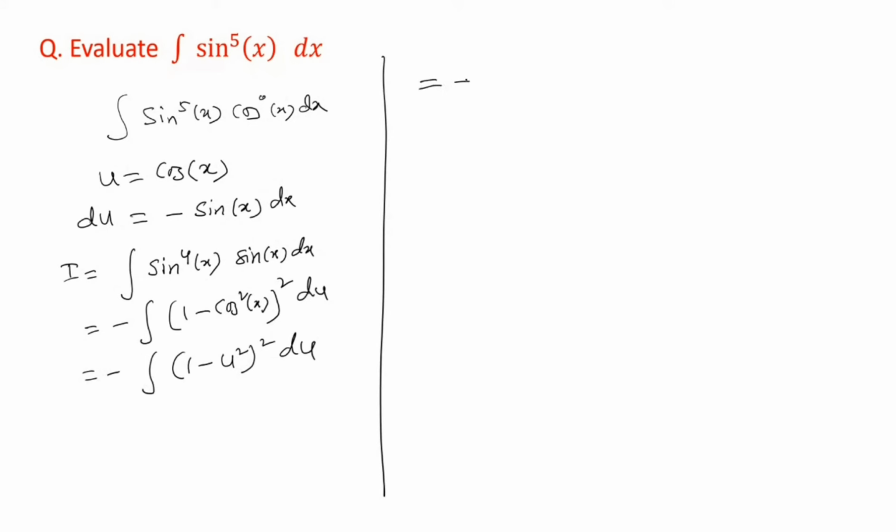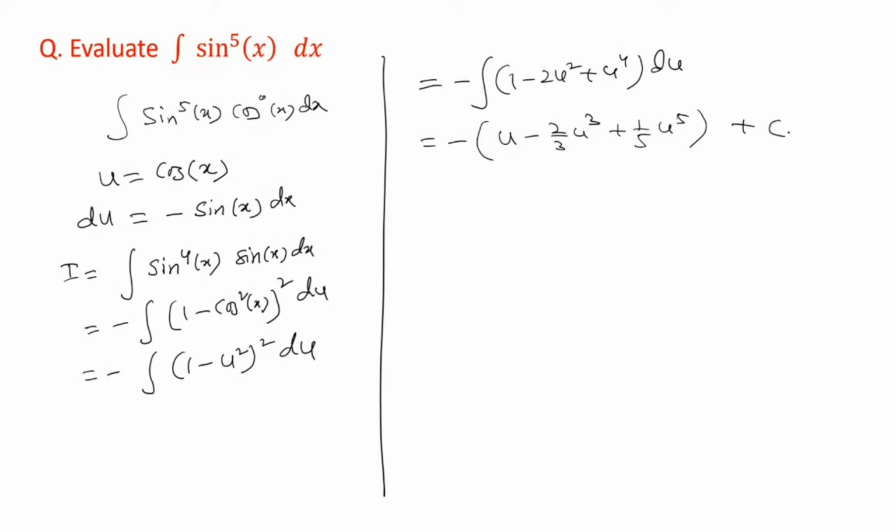So this will open here. It equals minus the integral of 1 minus 2u squared plus u to the power 4 du. So this is minus u minus 2 over 3 u cubed plus 1 over 5 u to the power 5 plus c.